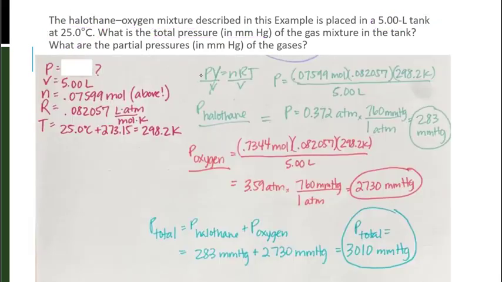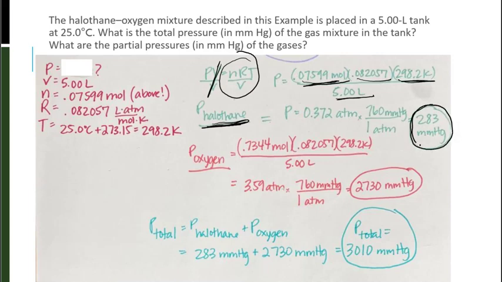To find P, PV equals nRT, I'm going to divide both sides by V. So nRT divided by V. I took my N, my moles of halothane, times R, times the temperature, which I put into Kelvin, divided by that 5 liters. So the pressure exerted from halothane is going to be 283 millimeters of mercury.